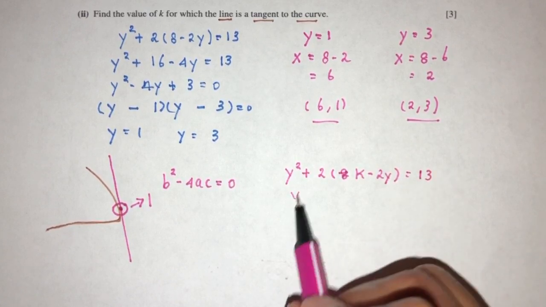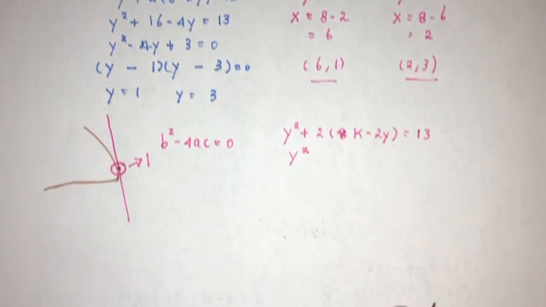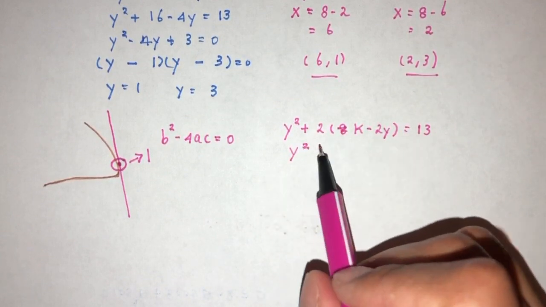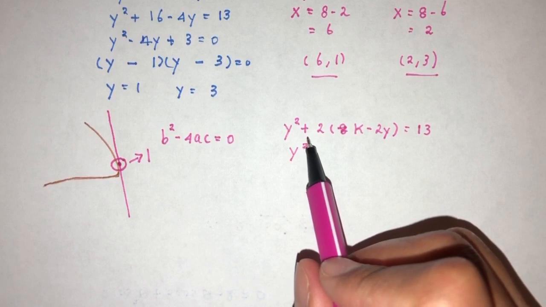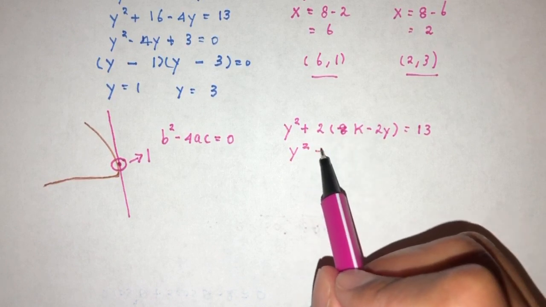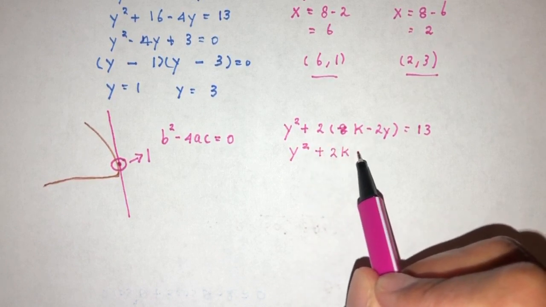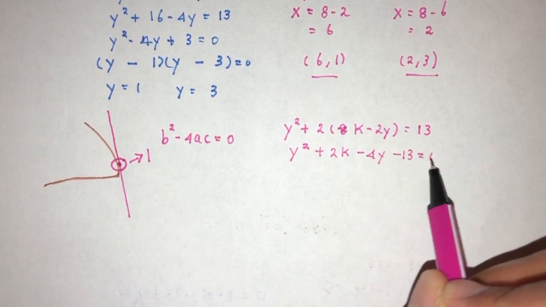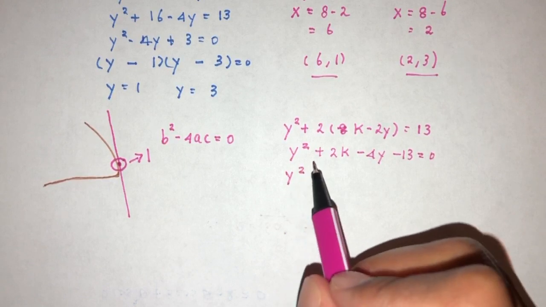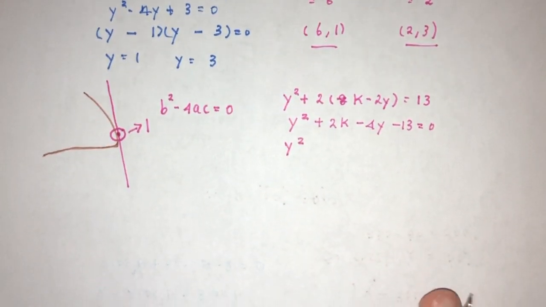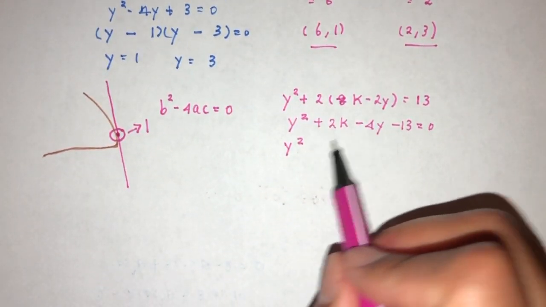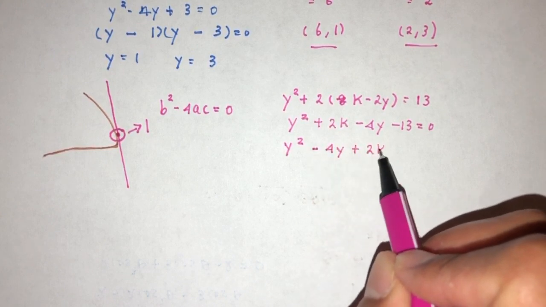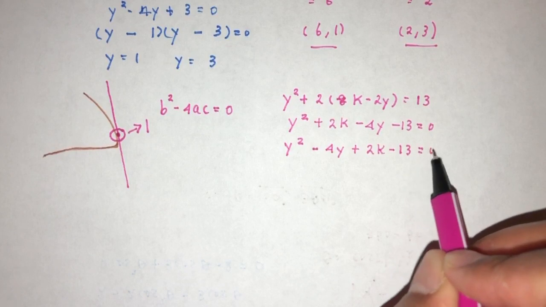So solving, you will have y squared minus 4y plus 2k minus 13 has to be 0.